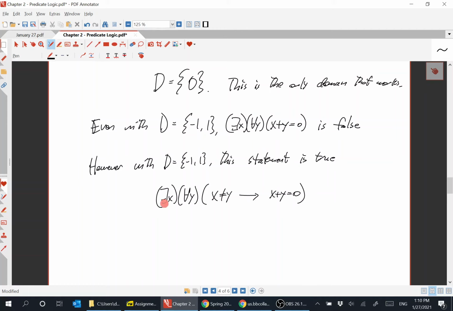Which x could I choose to make this true in this domain? The negative of y? Well, there's only two elements in the domain. Which one should I pick? Only two choices. Which one would you like it to be?